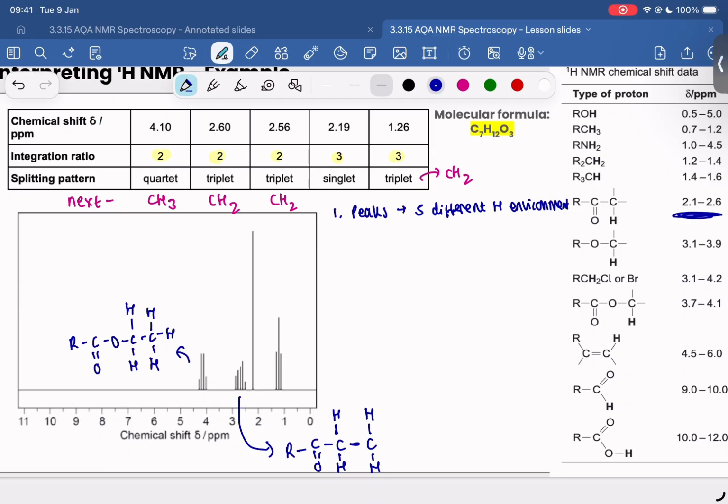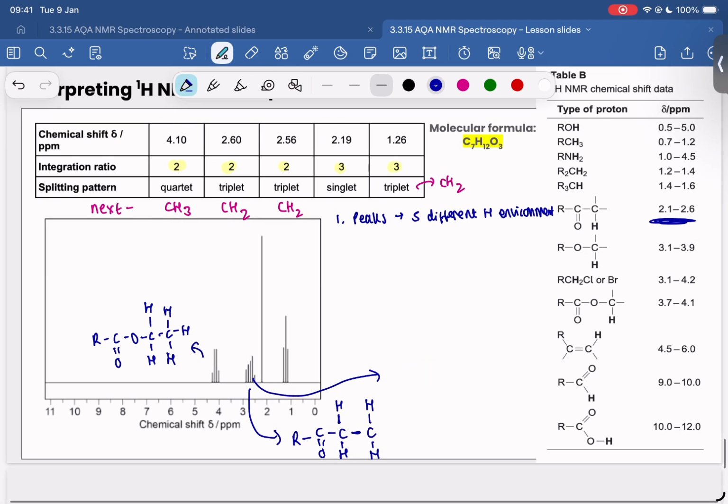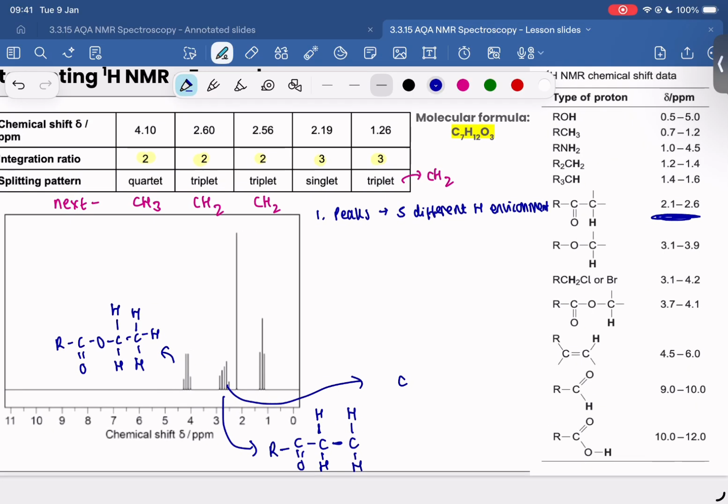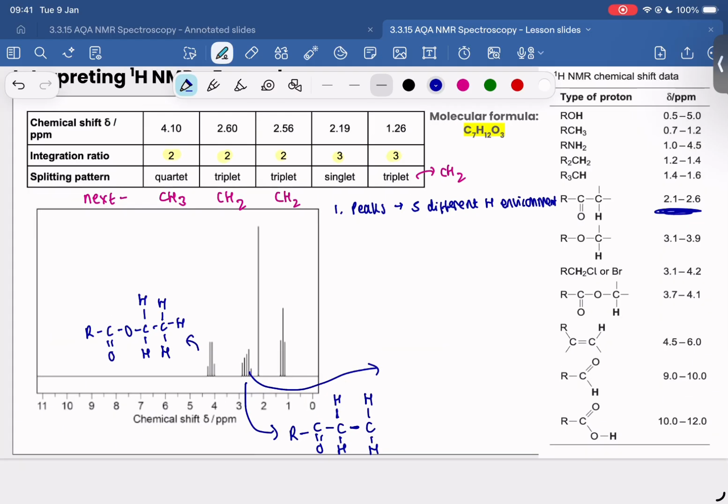And there's another one within this region. I can't distinguish it because of how the spectrum's been drawn out, but I'm just going to draw an arrow to it right there as well. That arrow seems to be attached to, again, the same region. There are just two peaks within that region. So it's again going to be an RCO, but you can see here that it's attached to a CH2 as well.